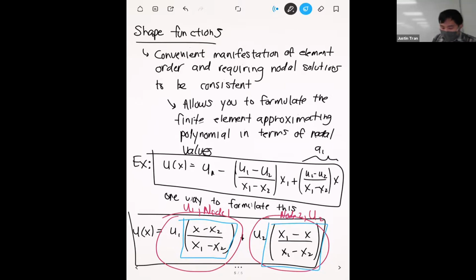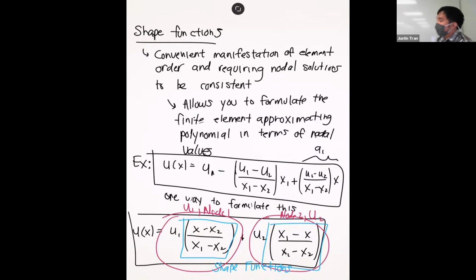Right, and so what I'm boxing here in blue, these are known as the shape functions. Okay. And the way to think about shape functions is that there's going to be one shape function for every node in your element, okay.